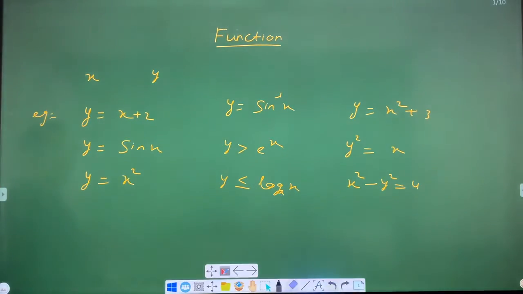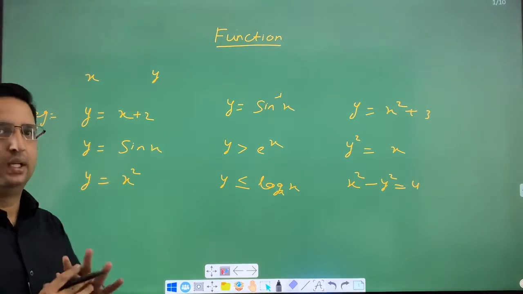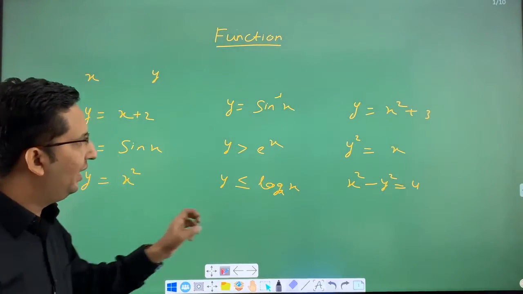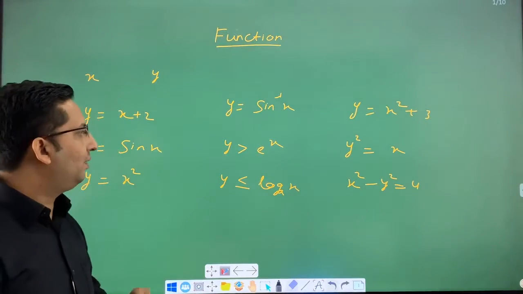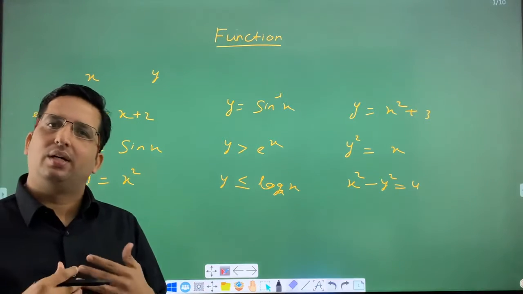So there are many such relations between x and y. In these relations, a few of them are functions and the remaining are relations.